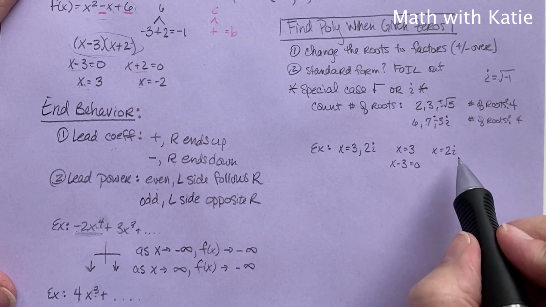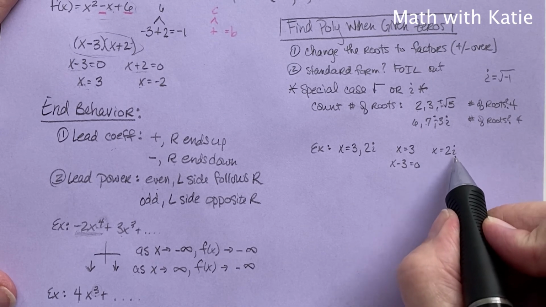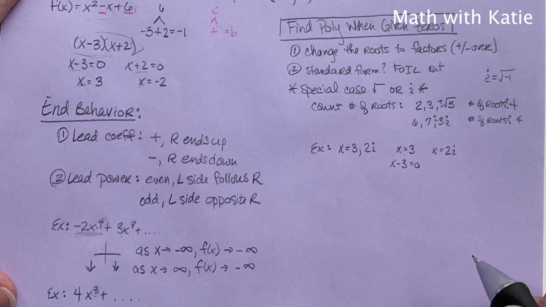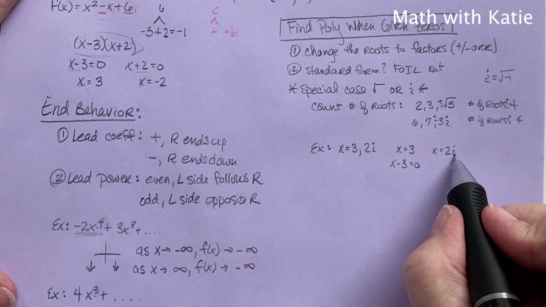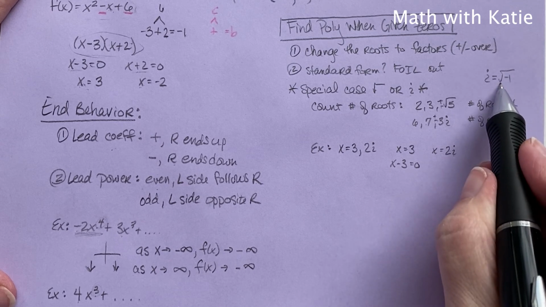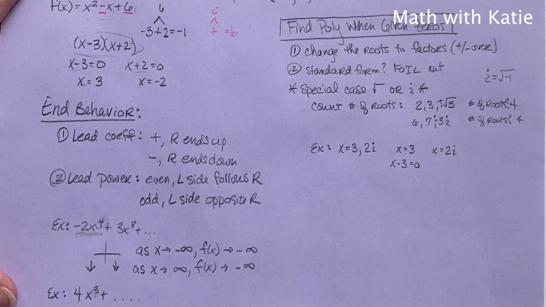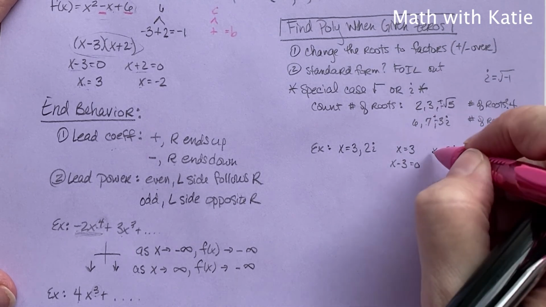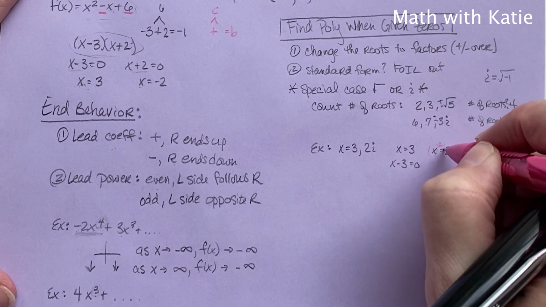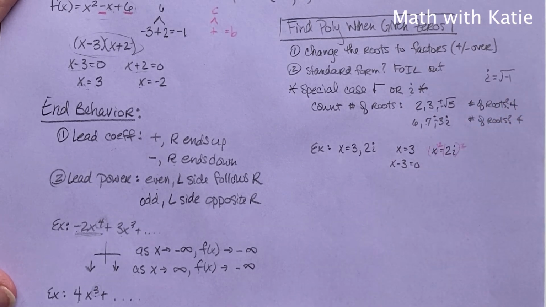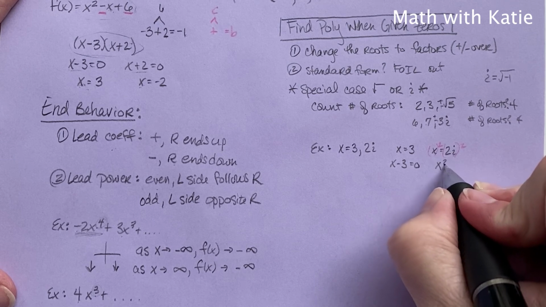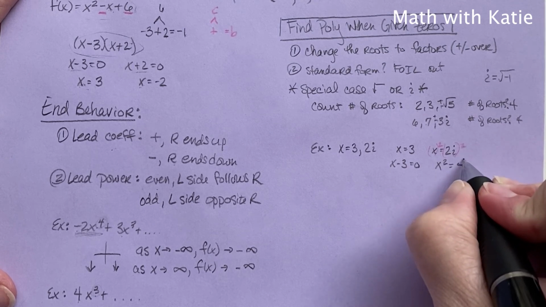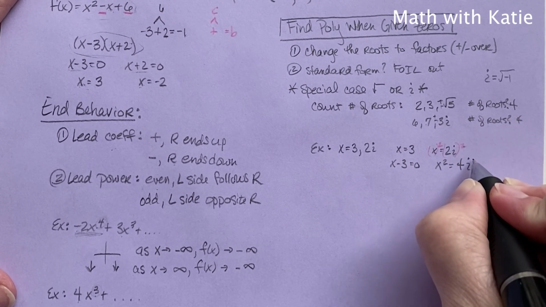This one's gonna be a little more complicated because we can't just move this over, okay? The first thing we have to do is square both sides to get rid of the square root of -1. Okay, so x squared equals 2 squared times i squared.